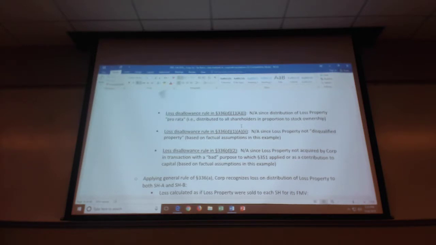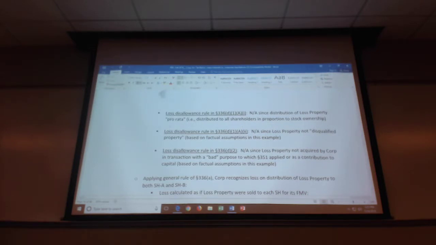Whereas a non-pro rata distribution would be if I were to tell you that the corporation distributed the gain property only to shareholder B. That would be non-pro rata.